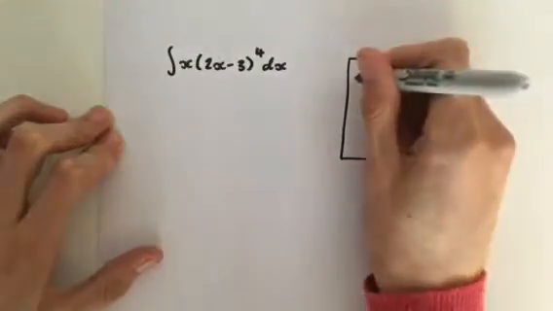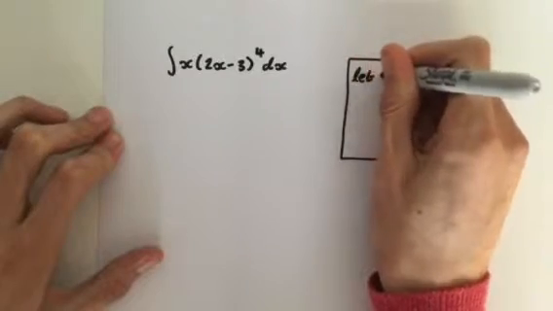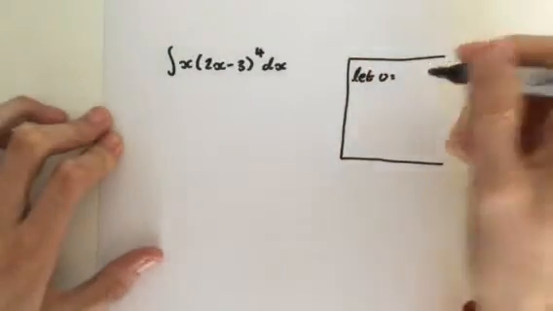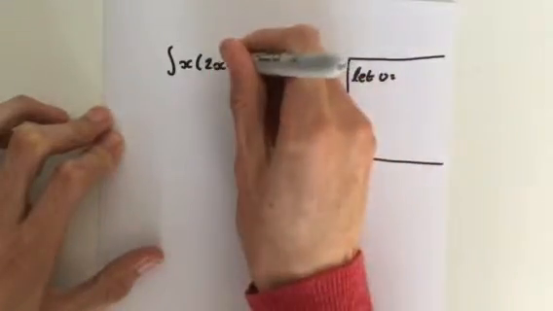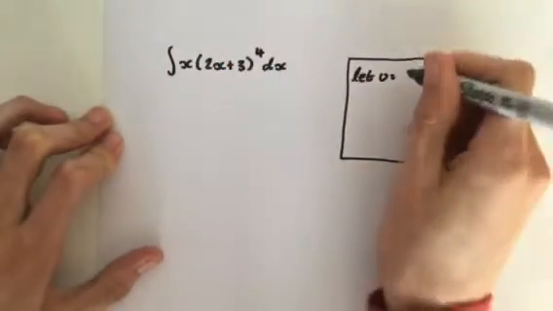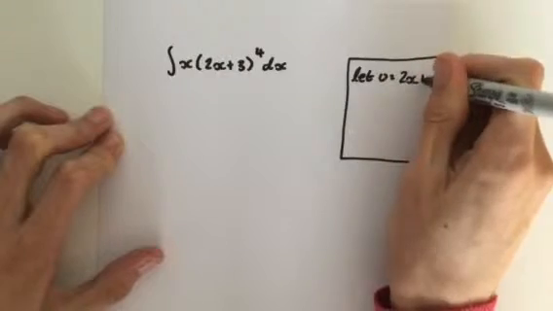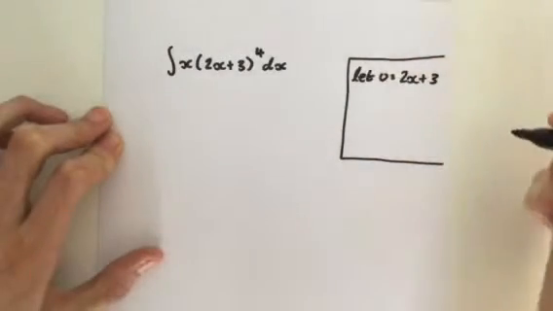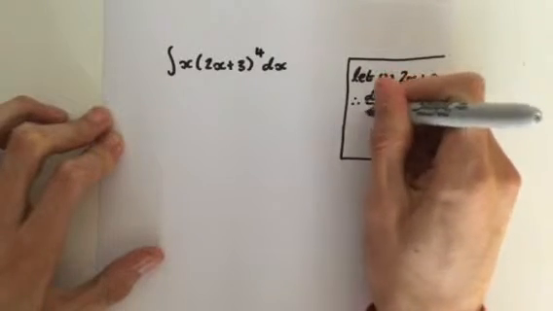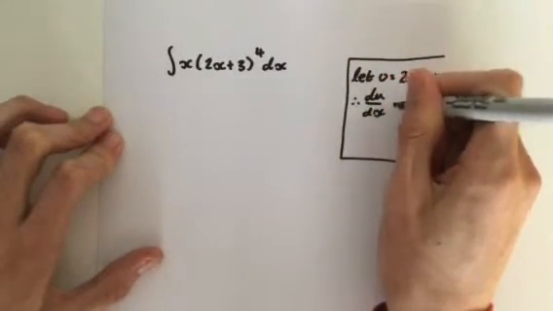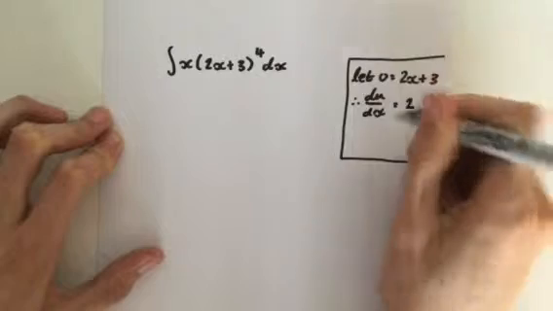So this time we're going to let u equal 2x plus 3. Okay? So therefore, du by dx is going to equal 2.